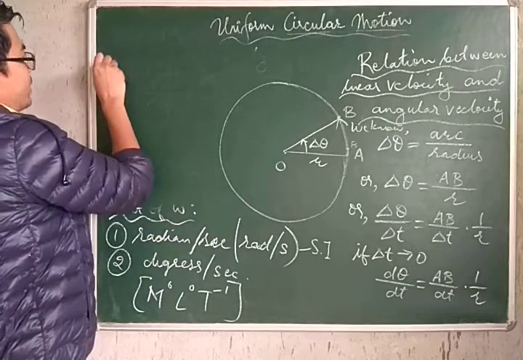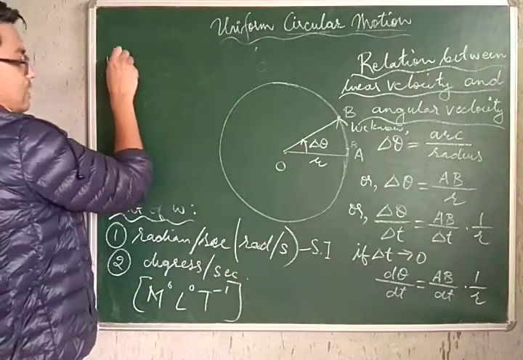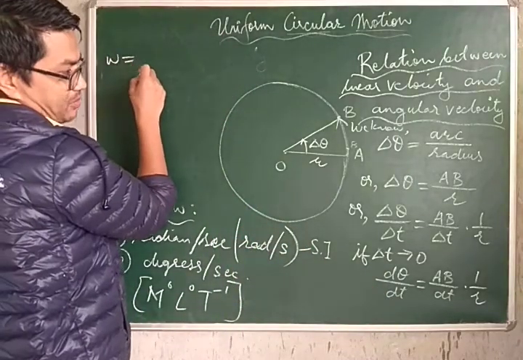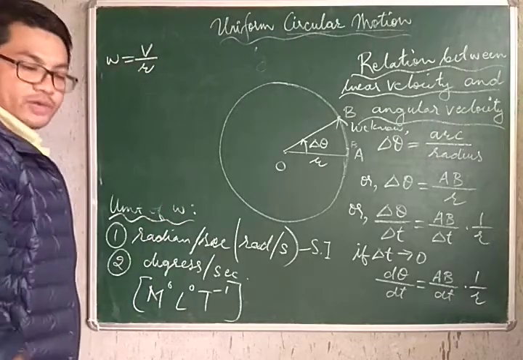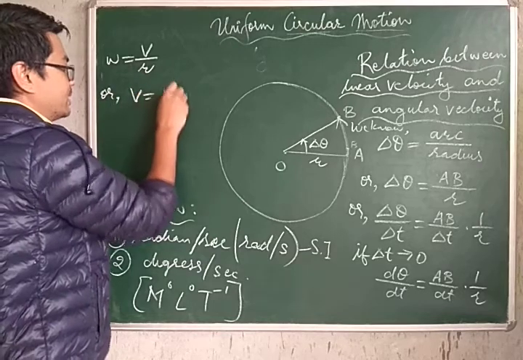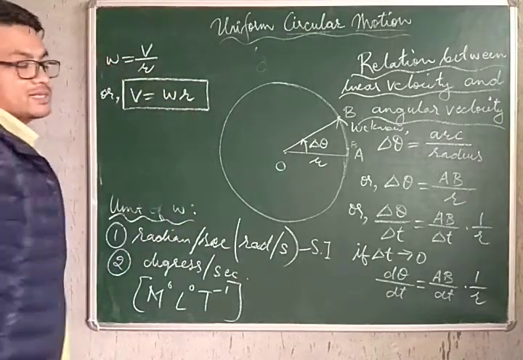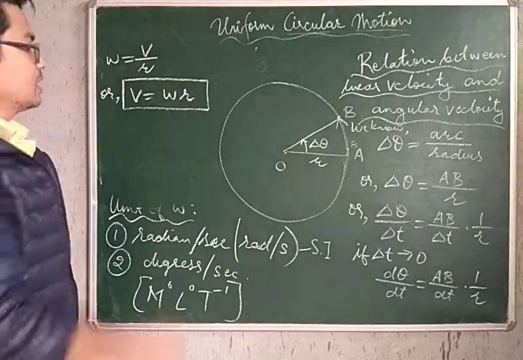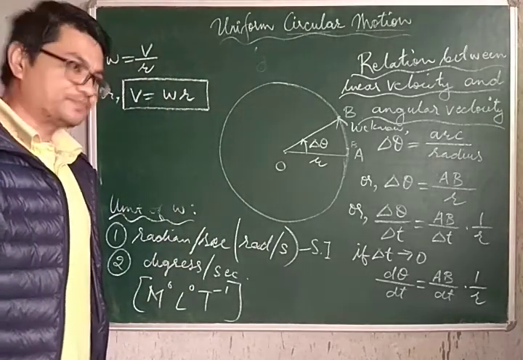So from there, therefore, I can write d theta divided by dt, which is our omega. So this is equal to AB upon dt, your linear velocity, divided by your radius. Thereby we get V is equal to omega into r. This is the relation between your linear velocity and your angular velocity.